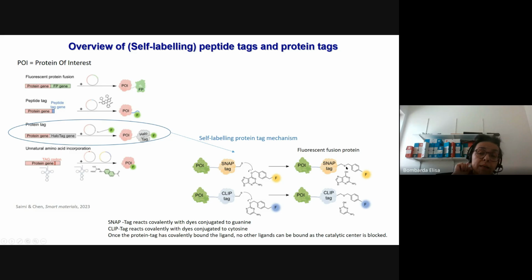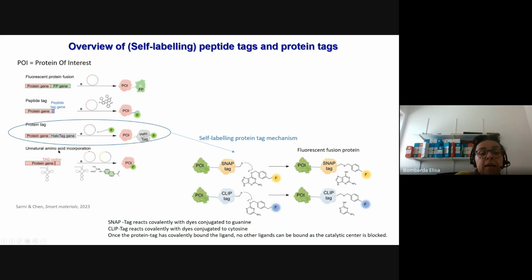So that is a quite efficient way of labeling a protein through a protein, practically. Yeah? No, it's not with the protein, but through a protein.